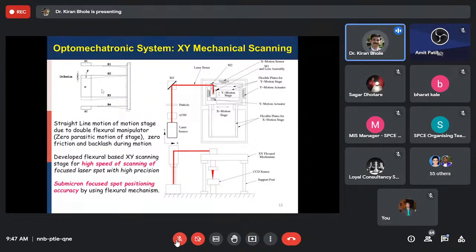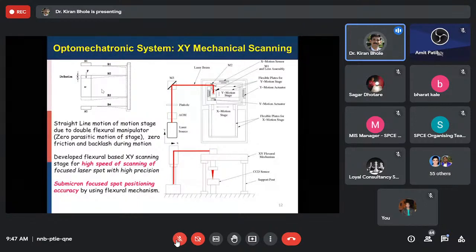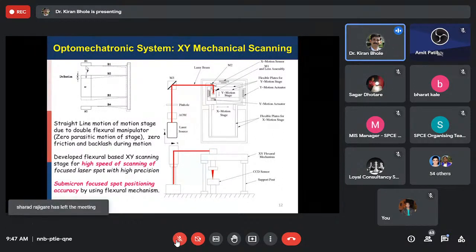So the mechanism preferred here is the compliant mechanism or flexural mechanism. We are using the flexural mechanism for straight line scanning of the laser beam. What does this flexural mechanism consist of?